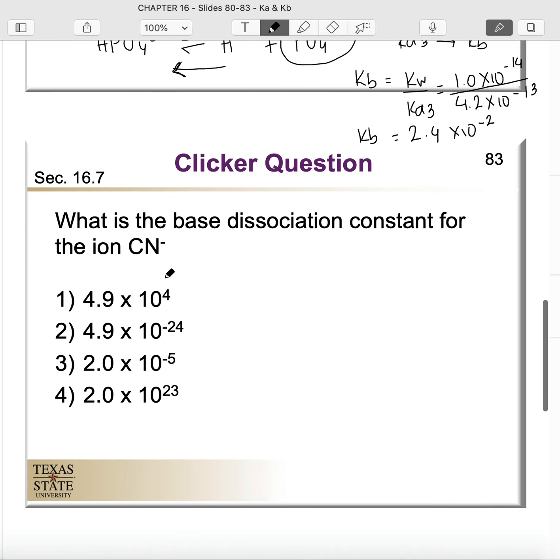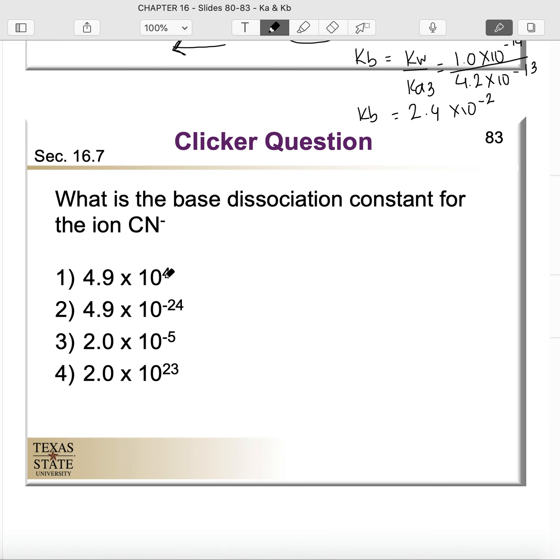So I'm going to come back here and say, okay, I know that the conjugate acid of this is HCN, and I know that the Ka for that hydrocyanic acid is 4.9 times 10 to the minus 10 according to the table. What I am being asked for is the base dissociation constant for it, so I'm going to be solving for Kb, which is equal to Kw divided by Ka.